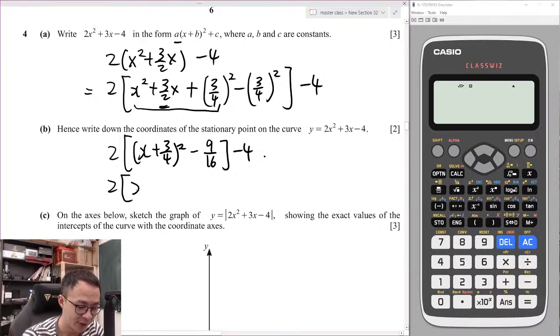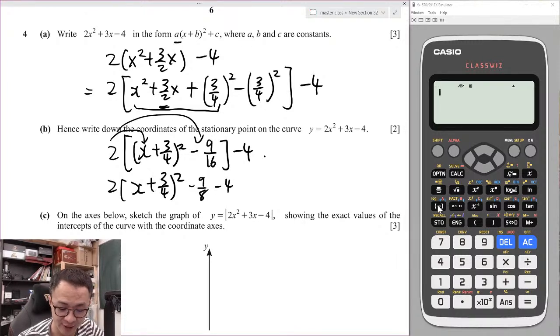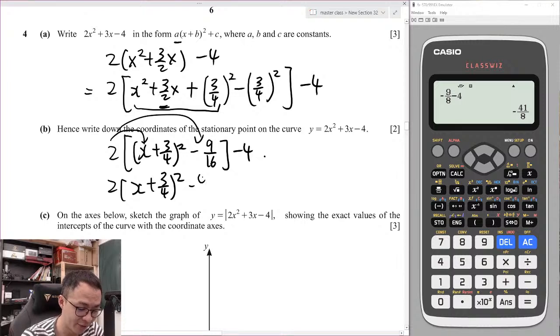So yeah, (x + 3/4) squared. I multiply 2 into both. I multiply 2 for the first one, for the second one. This is minus 9 over 8, minus 9 over 8 minus 4. Then negative 9 over 8 minus 4 is negative 41 over 8. So I will just change this one into negative 41 over 8.